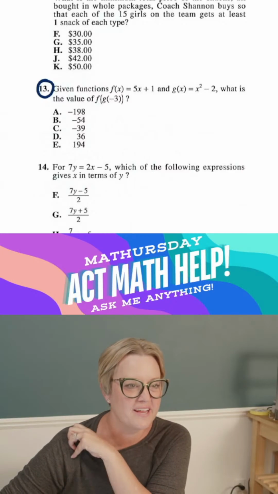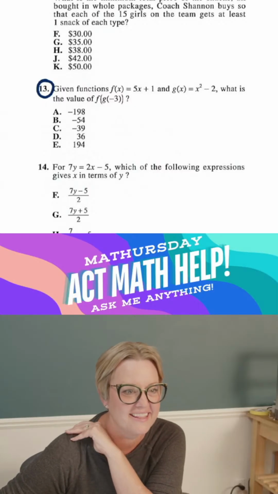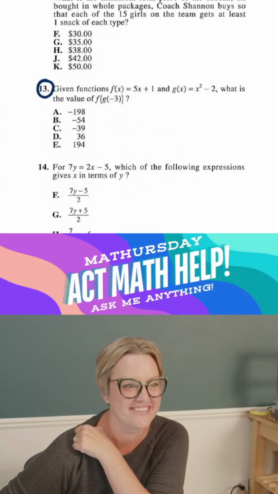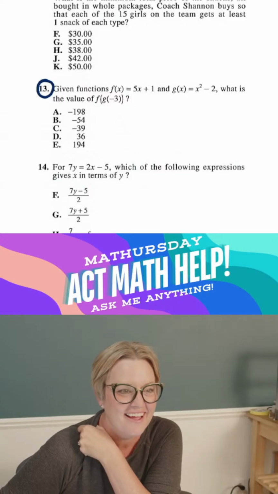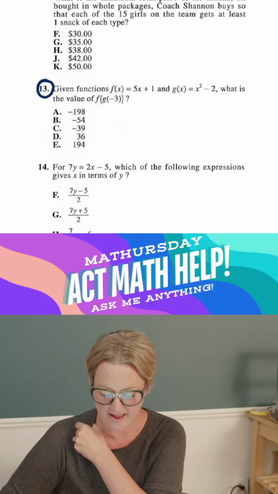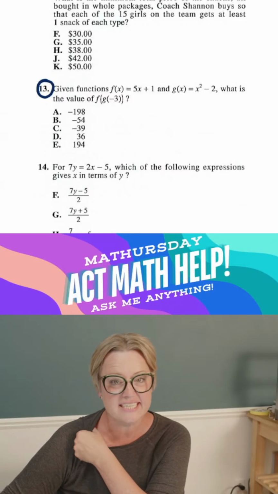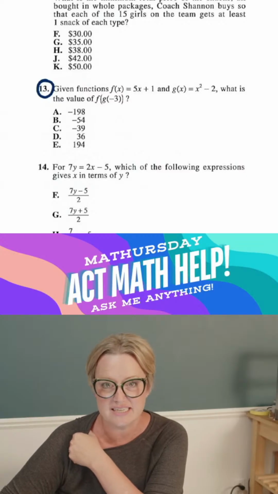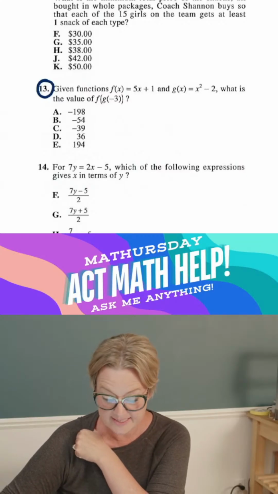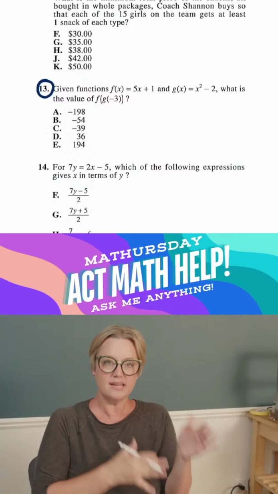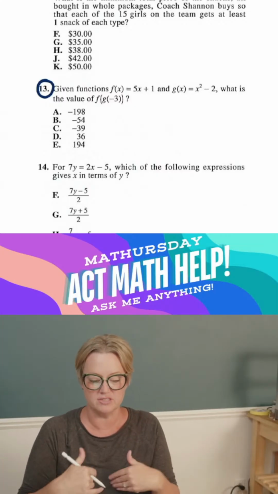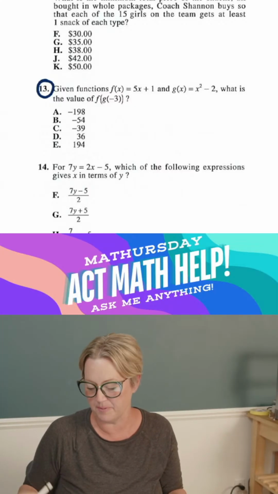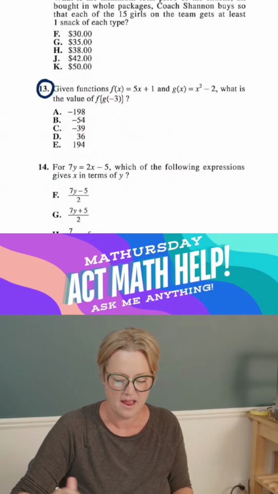Oh, Rust, you're already bumping ahead into number 14. So Nayeli, this is from a released ACT exam. Last week we did questions 1 through 11, so today I'm just doing the next couple of pages in the packet.